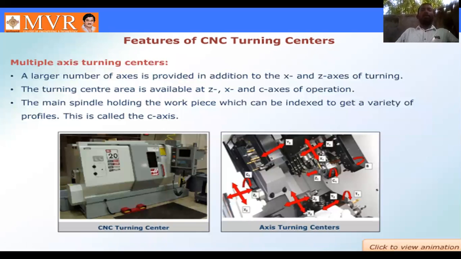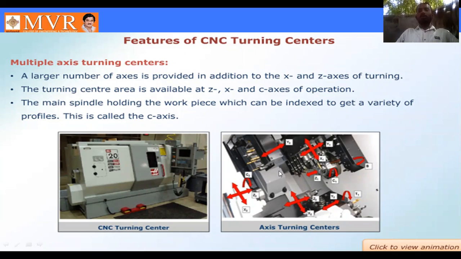Another feature of CNC turning centers is multiple axis turning centers. Multiple axis means, for example, presently we have only one axis turning centers, but in future technology we have multiple axis turning centers.